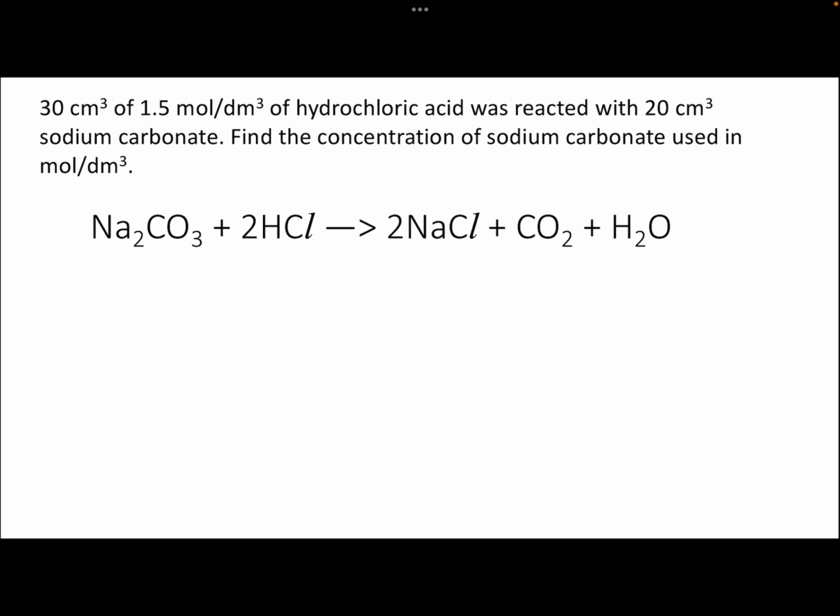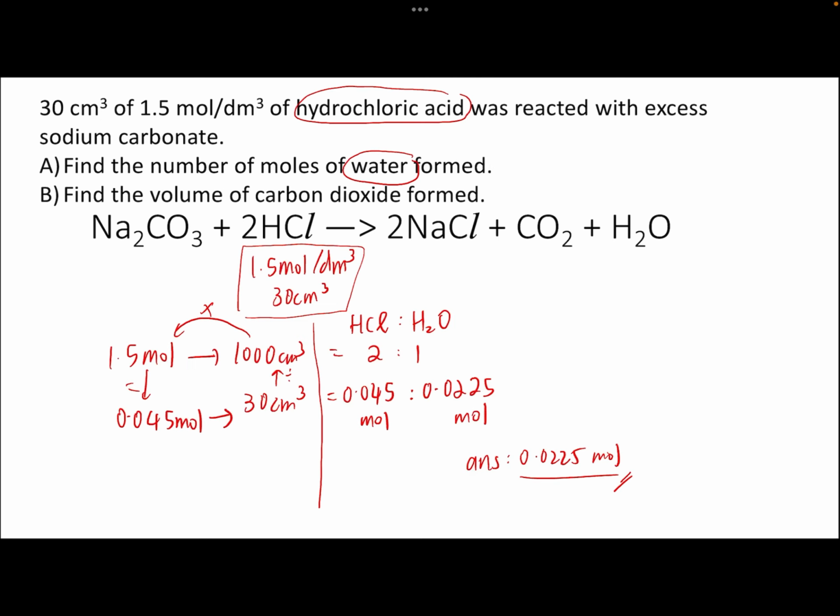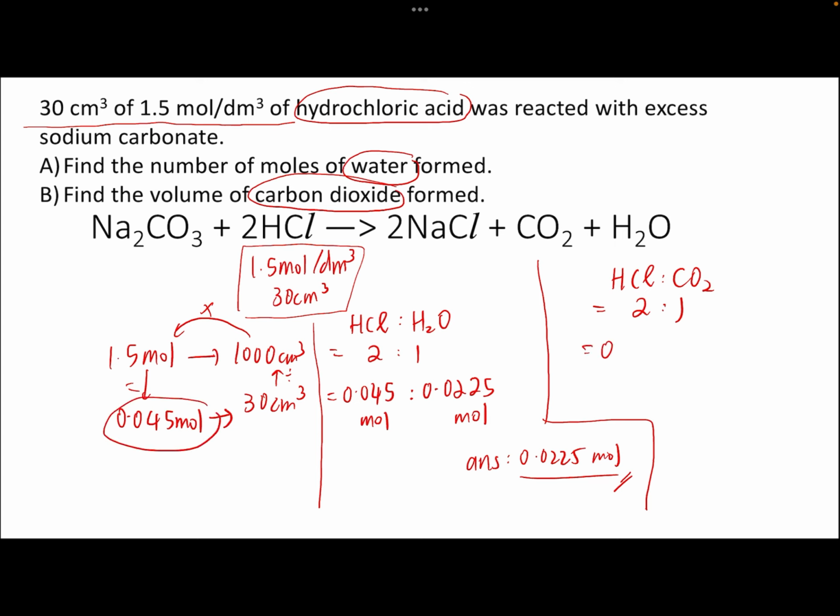Okay, next question. Same question. Let's look at question B. Question B now states that you need to find the volume of carbon dioxide. So HCl to CO2 is 2:1. Here we have calculated that 30 cm cube of 1.5 mole per dm cube hydrochloric acid contains 0.045 moles. So I just plug the numbers in.